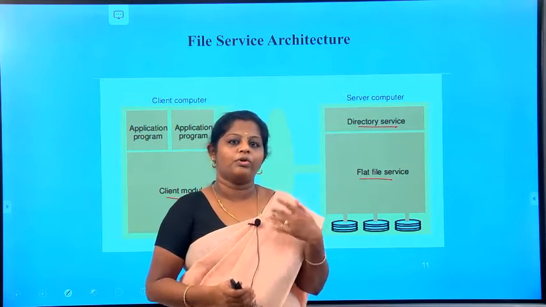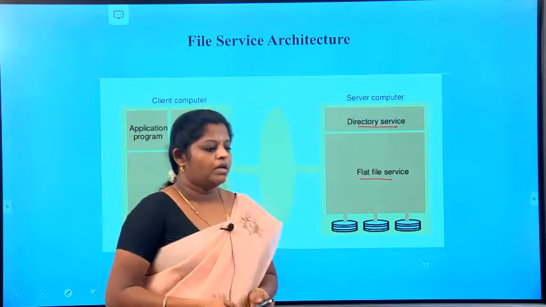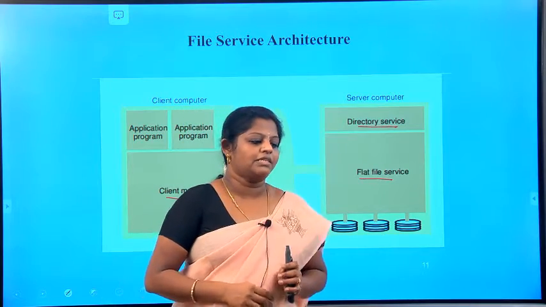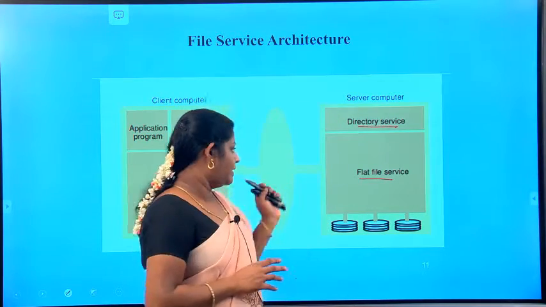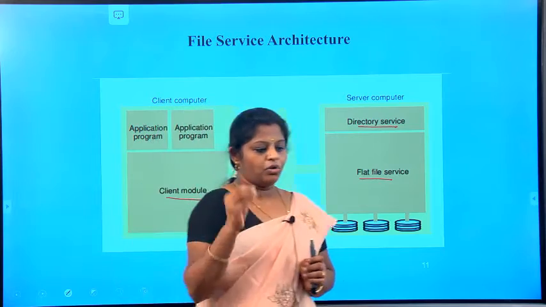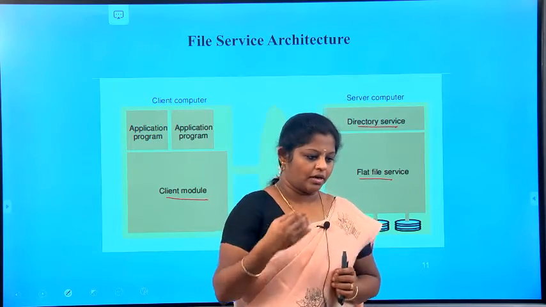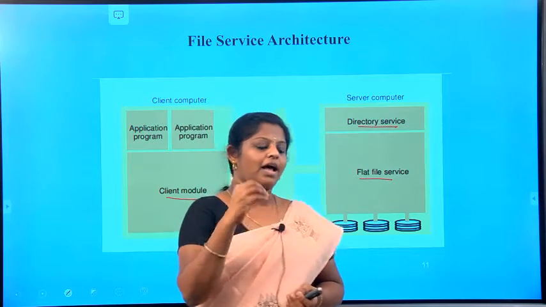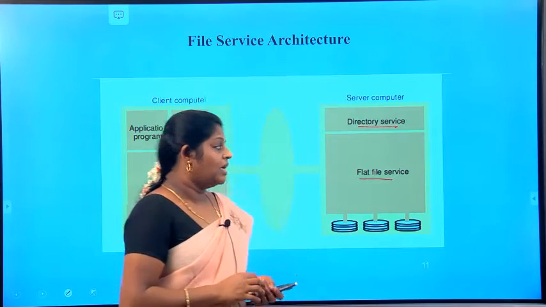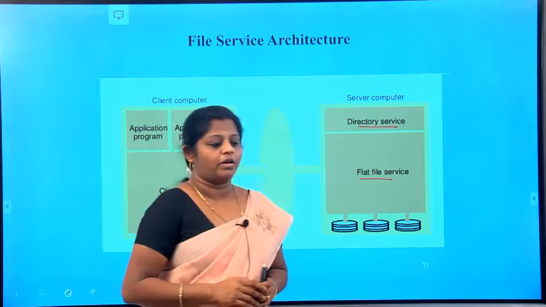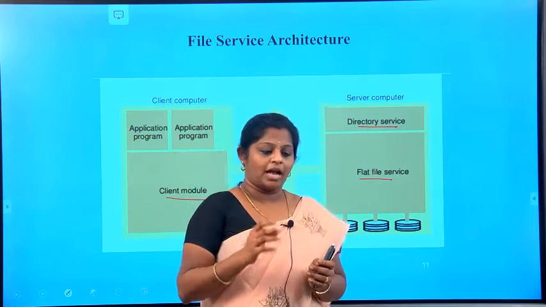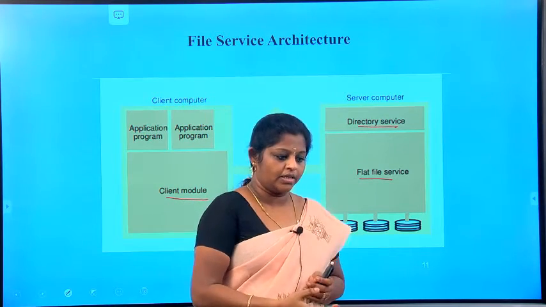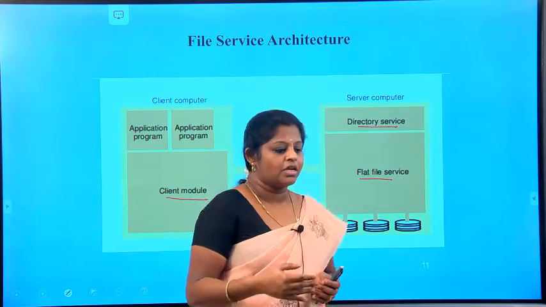Who is going to access those files? The flat file service and the directory service export an interface for use by the client programs as well as their RPC interfaces. These two taken together, the client programs and their RPC interfaces, provide a set of operations for access to the file.